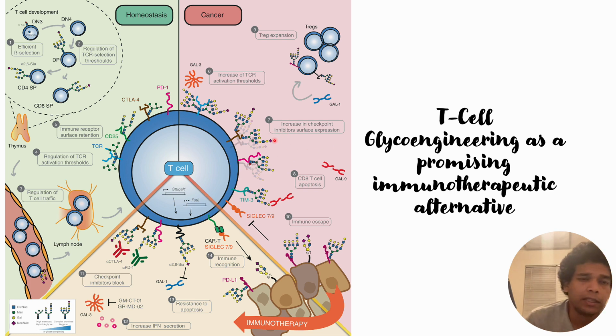We know that in order to activate T cells, two kinds of signals are required. The first one is the foreign antigen signal, and the second one is a confirmation signal along with the foreign antigen signal, and that is usually inhibited by the cancerous tumor cells.